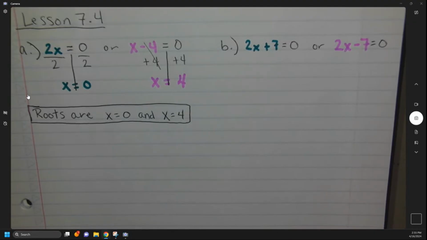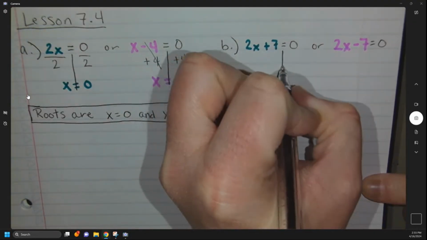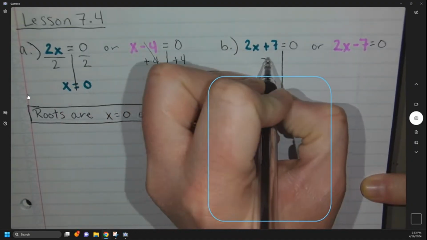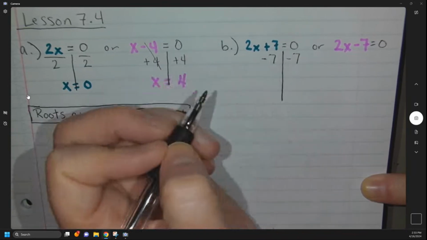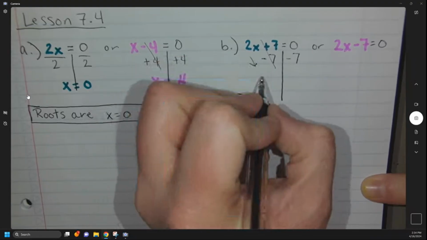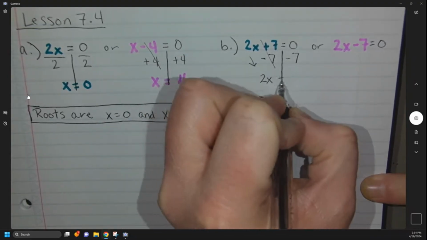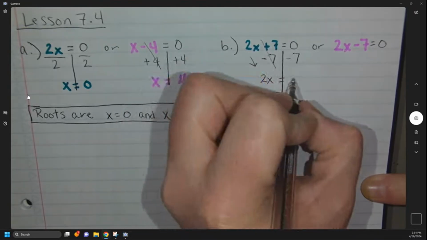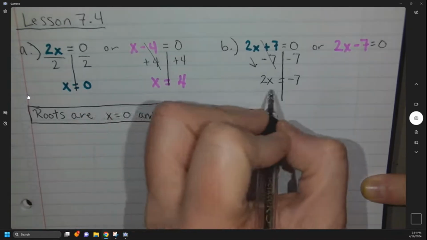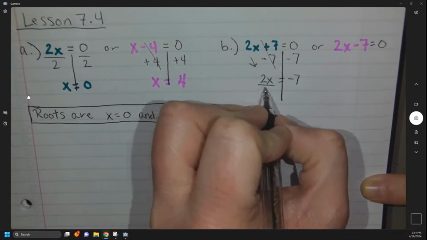All right, so let's solve the first one, just like we used to do. In order to get x by itself, we're going to subtract 7 from both sides. So 7 minus 7 makes 0. Bring down our 2x. 0 minus 7 is negative 7. We're going to divide both sides by 2.